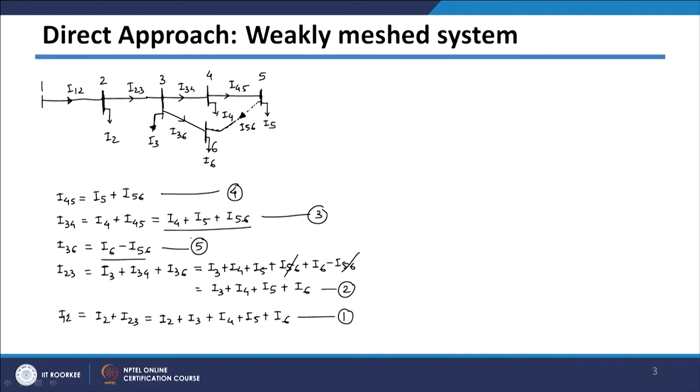Now, one more equation I am adding, in which I am saying the current I56 is equal to current I56, and this I call equation number 6.